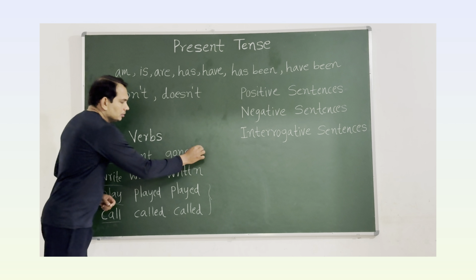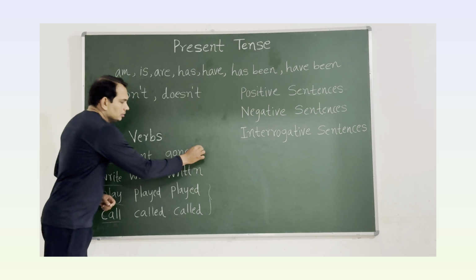It's very essential to learn when to use go, when to use went, and where to use gone. As you watch the video, you will also learn the difference between have been and has been, the difference between has and have, and all these auxiliaries.